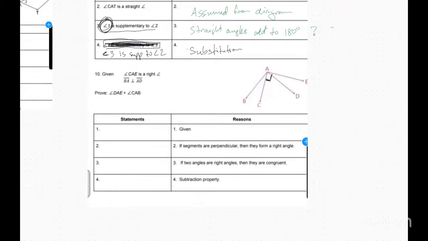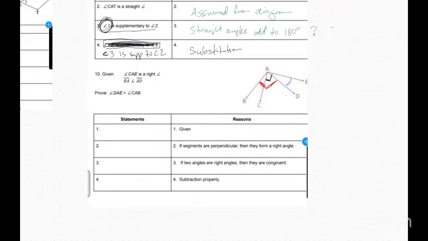So this is also a right triangle right here. We got 2 right triangles in there. And they want you to prove that DAE, this one right here, is congruent to CAB.